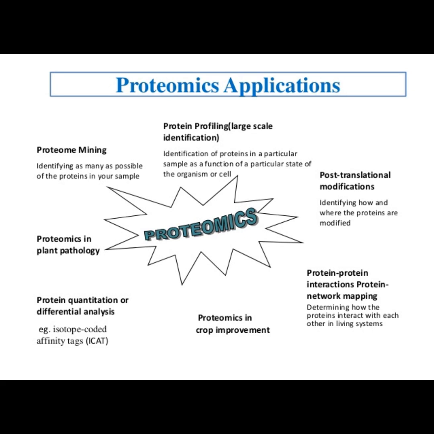In this 2D gel electrophoresis, what we do is simply load the sample of our protein to separate those proteins, and we get different types of protein depending on their molecular weight as well as their isoelectric point.